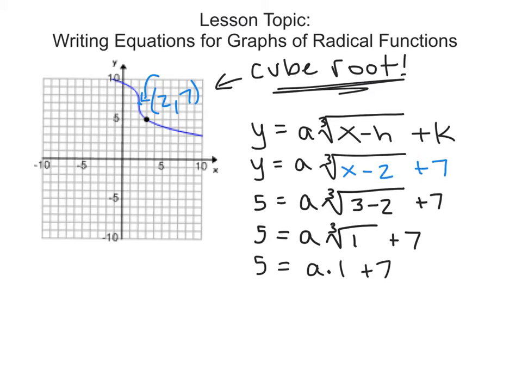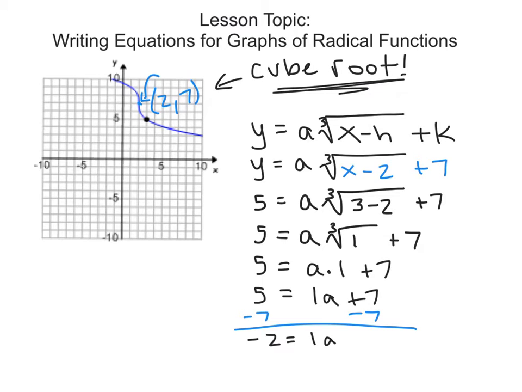In fact, it might help some of you remember how to solve this by simply switching the a and the 1 around. So we have 1a plus 7. We're just going to subtract 7 from both sides to solve for a. 5 minus 7 is negative 2. And so 1a is negative 2, or in other words, a is negative 2.